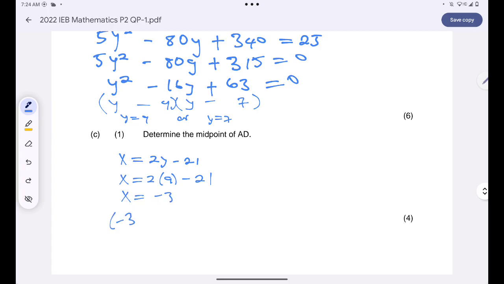So when x is negative 3, the y value is 9. And then for the other one, x is equal to 2y minus 21 as well. The value of y is 7. That's 14 minus 21, that's negative 7. Let me confirm. Yeah, it is negative 7. So the x value is negative 7, the y value is positive 7.